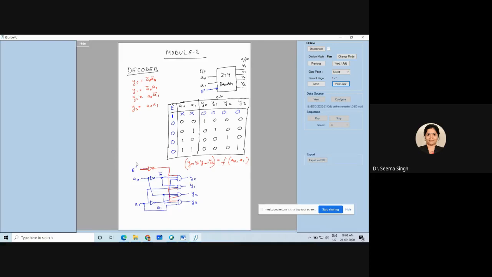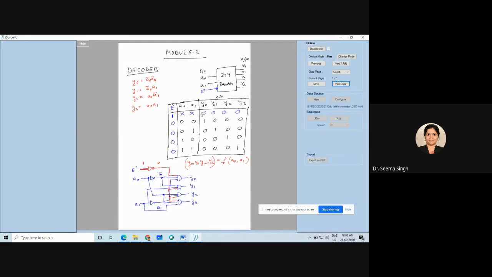If enable is high here, you will get a 0 here. No matter what your A0 or A1 is, this 0 will go and make the output of all AND gates 0. Are you understanding this logic? If enable is high, NOT gate output will be 0, and this will make all Y0, Y1, Y2, Y3 as 0, the way I have shown in the truth table.